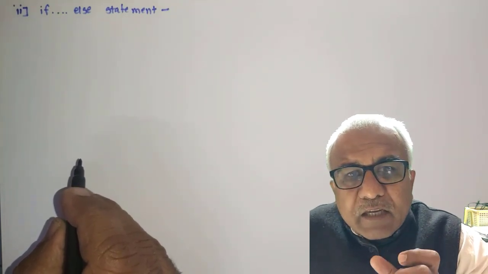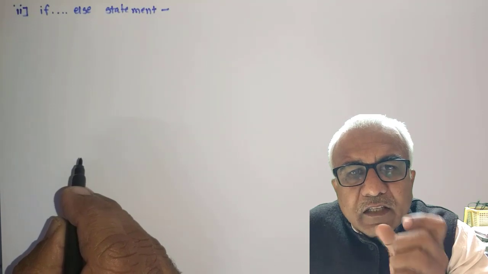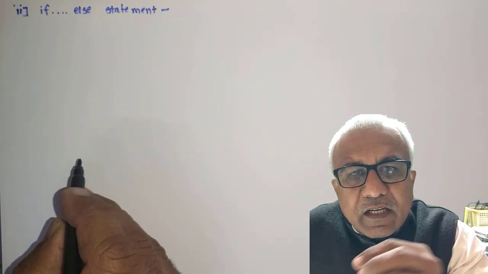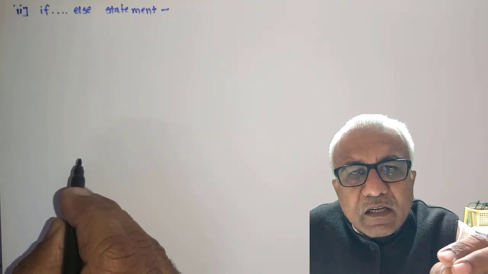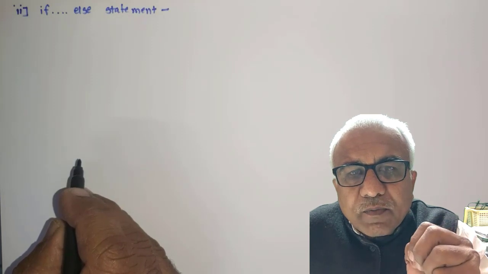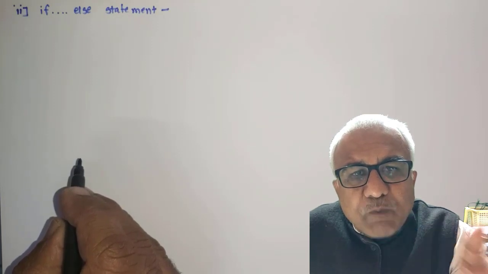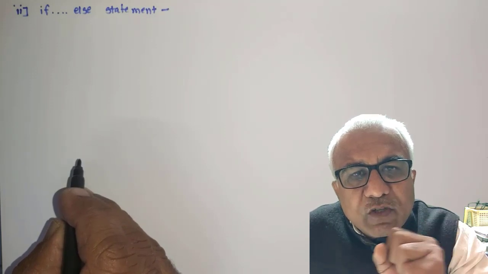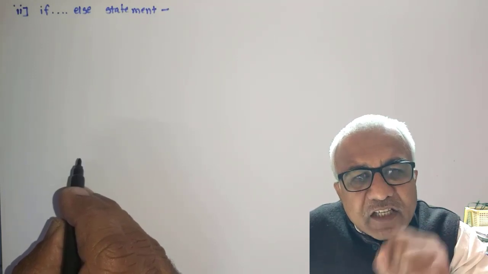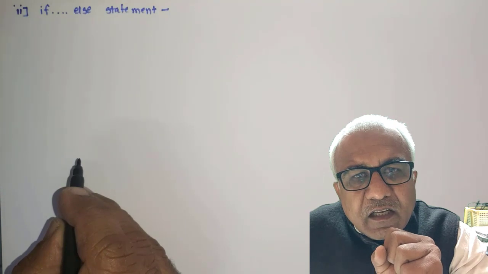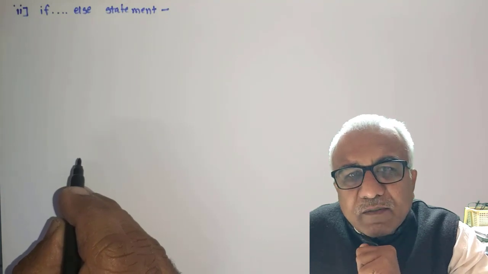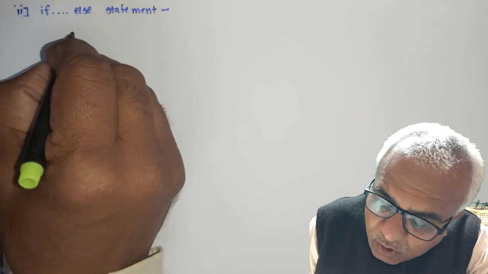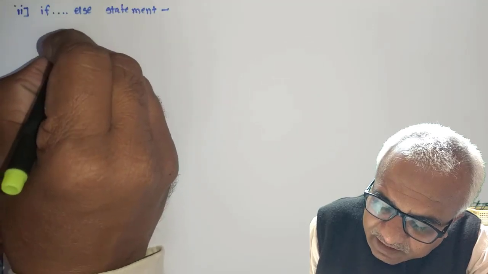In the simple if statement, the statements are executed only if the test condition is true. But if the test condition is false, then also we require some statements to be executed. In such a case, the if-else statement is used. The general form of the if-else statement is like this.